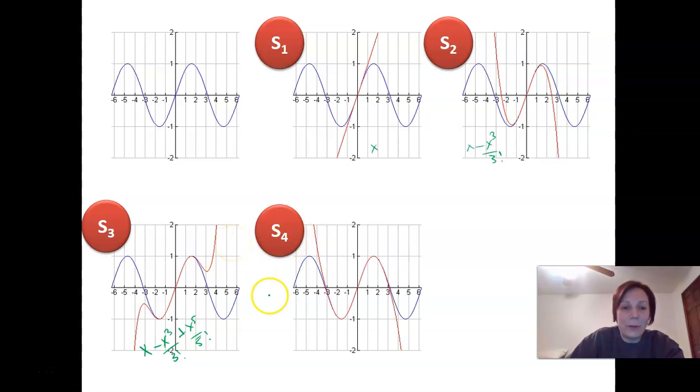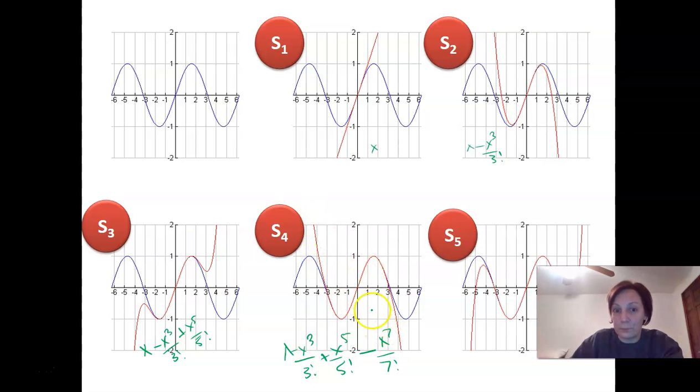Here's my 4th partial sum. So I'm taking x minus x cubed over 3 factorial plus x to the 5th over 5 factorial and subtracting x to the 7th over 7 factorial. And again, look what it does. It changes the end behavior of that polynomial. When I go out to my 5th partial sum, look at this.